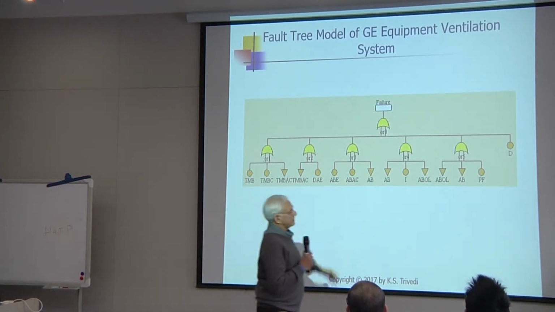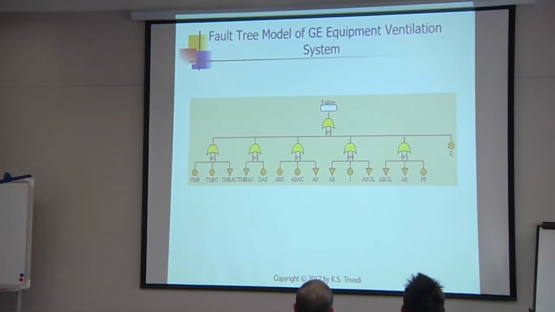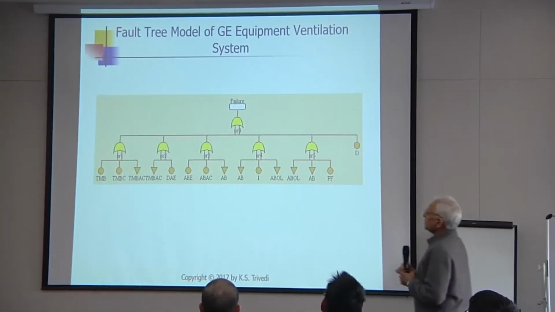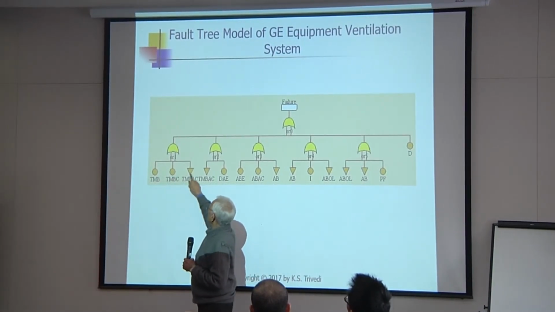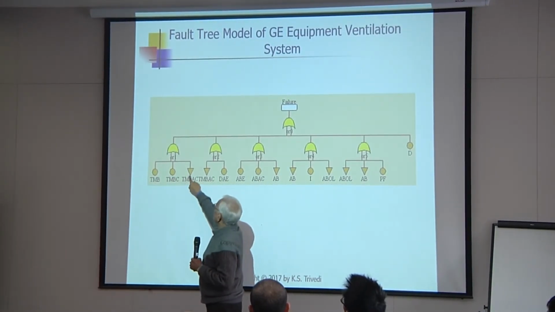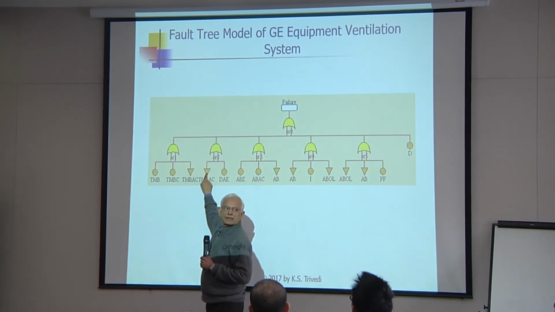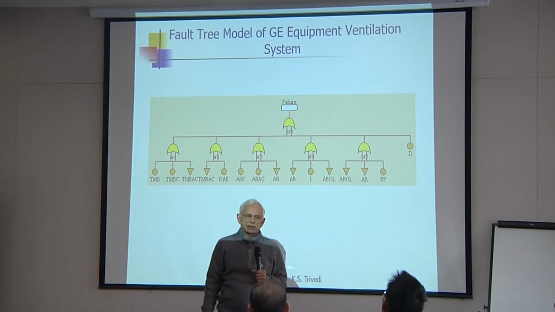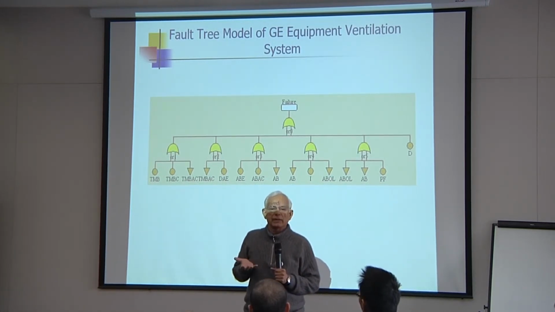So this is another fault tree from GE of their ventilation system. What is to be observed is that there are circles and triangles, right? So this triangle indicates that this is exactly the same event as that. So this is called a repeated event. So you have a lot more power now than a reliability block diagram.